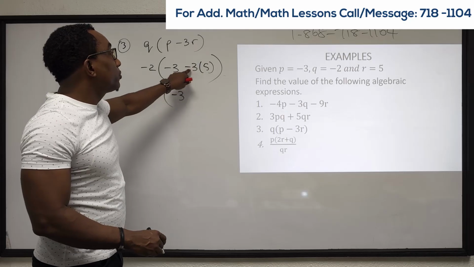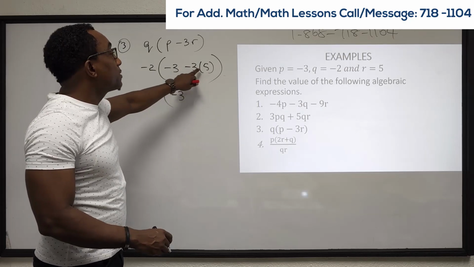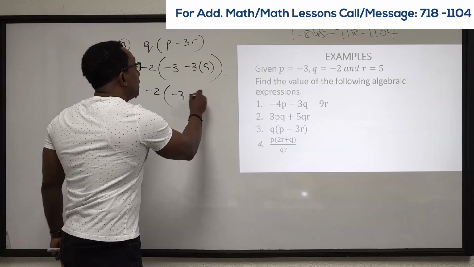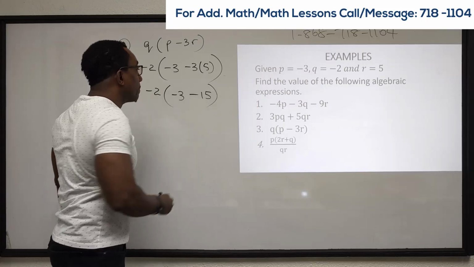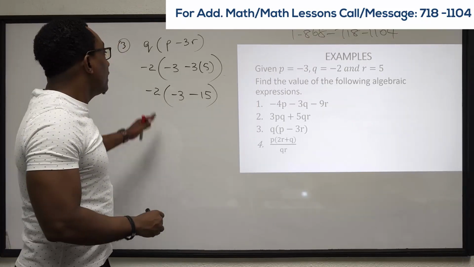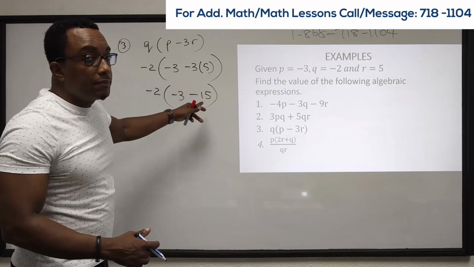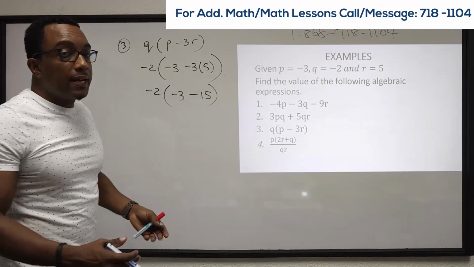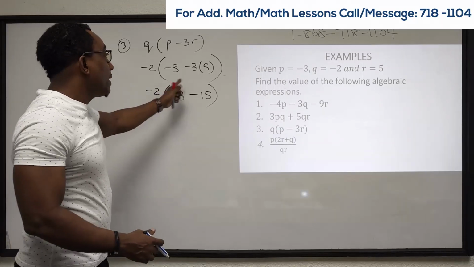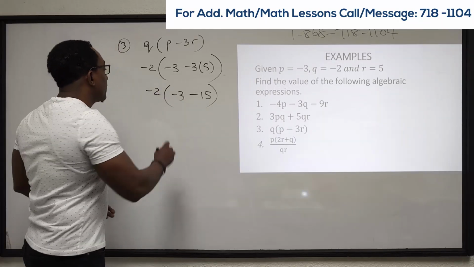So negative 3 by positive 5, a minus by a plus is a minus. 3 by 5 is 15. We can either apply the distributive law, or we can work out what we have inside of the brackets and multiply that by negative 2. So I'm going to work out what we have inside the brackets. So it's simply negative 2.